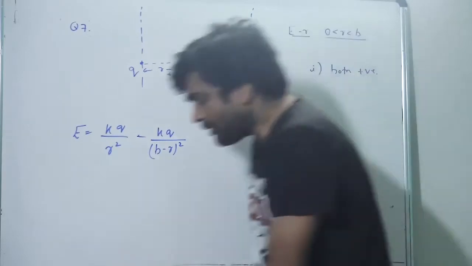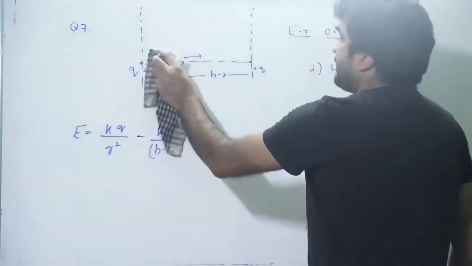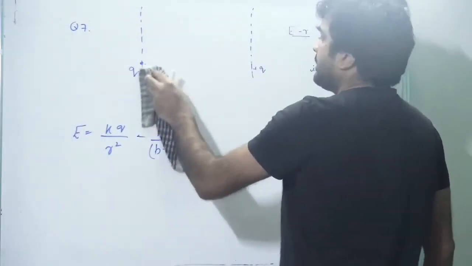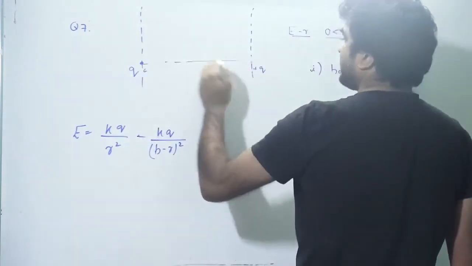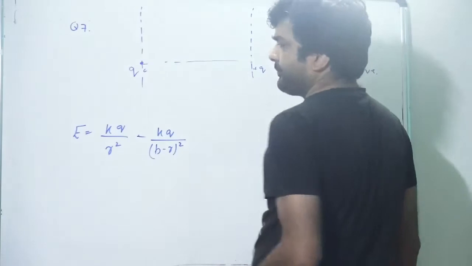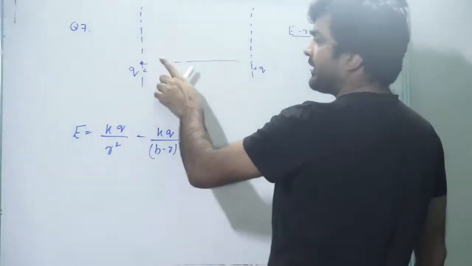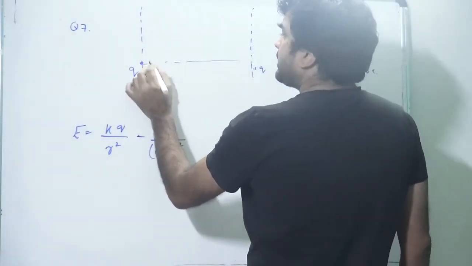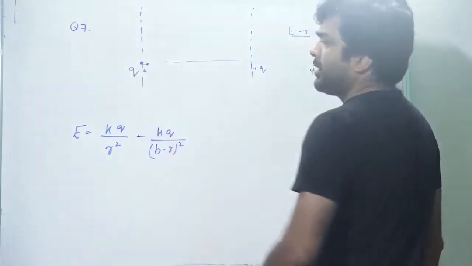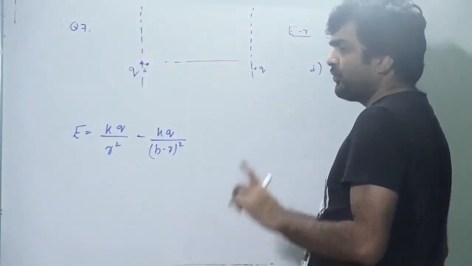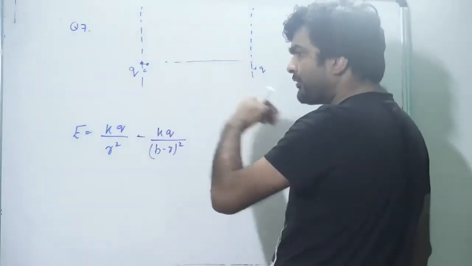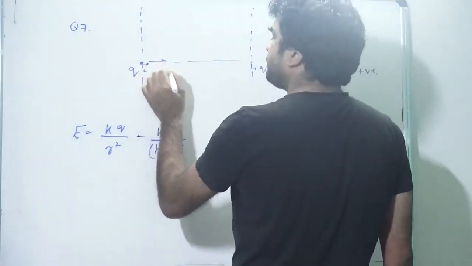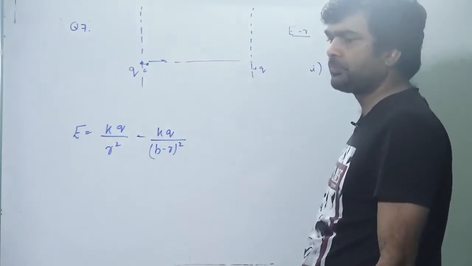So just near this positive charge on the right side, electric field will be very large in magnitude, dominantly because of this charge q towards right. So it will be positive and very large in magnitude.